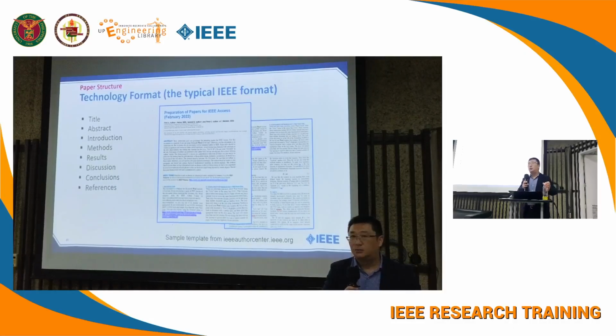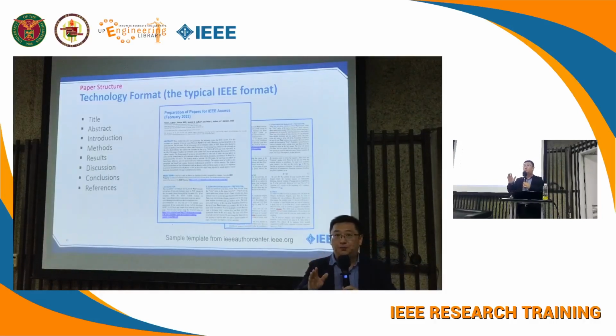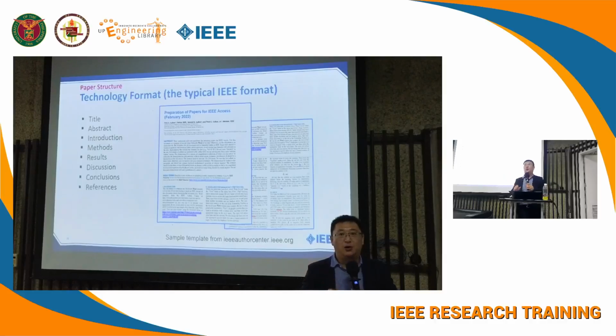Anyone? No? I've got a prize. I'm not asking for what. I know for undergraduates, what you write it for is graduation, right? But I'm asking for whom. For whom is this report written? Yeah.